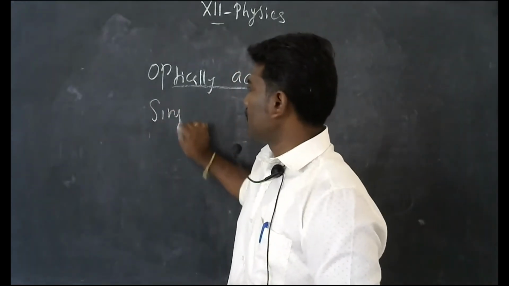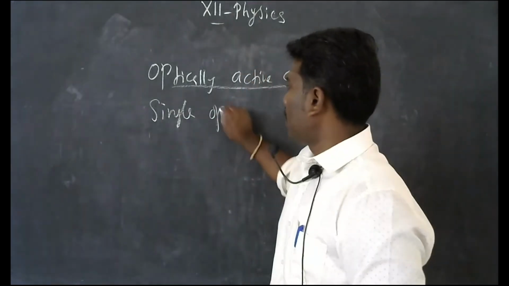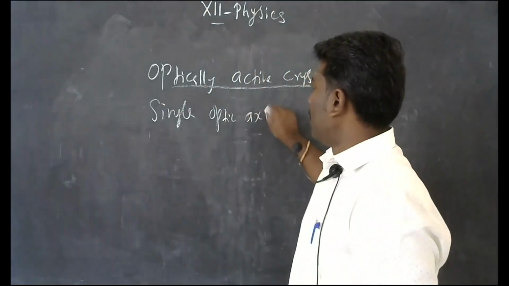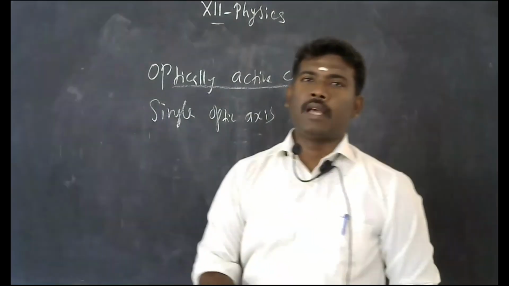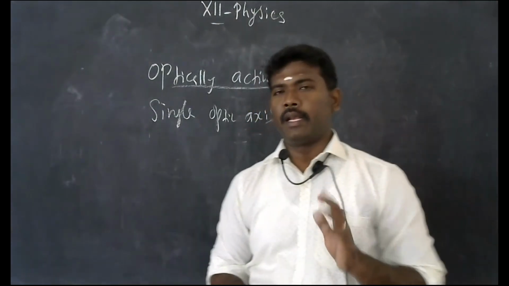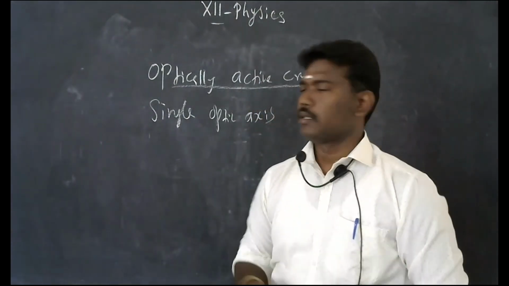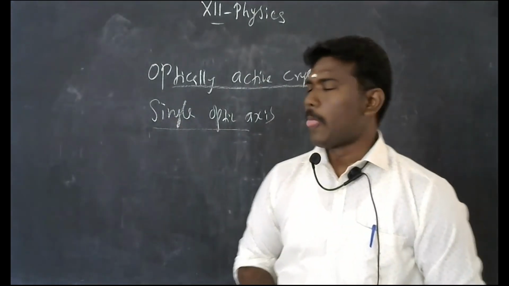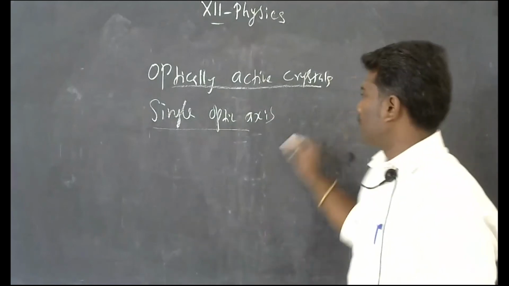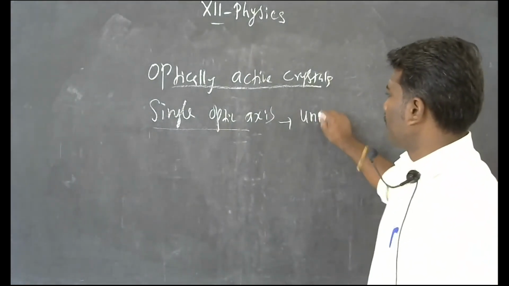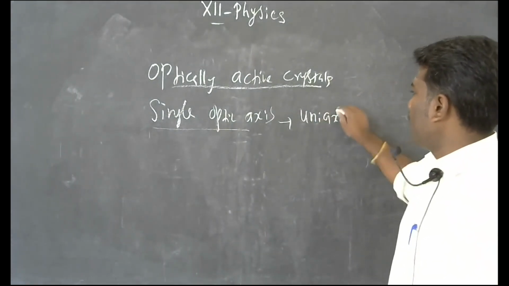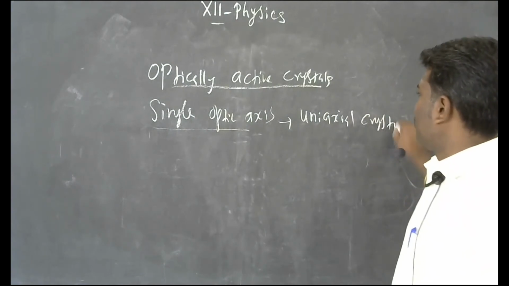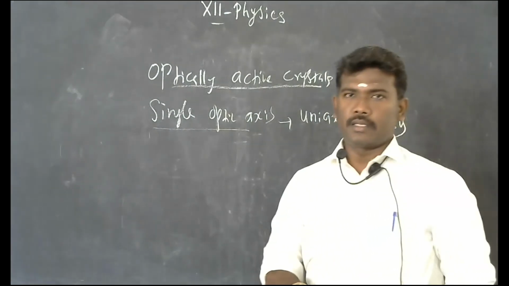Some of the crystals have a single optic axis. That means only in one direction are the ordinary and the extraordinary rays traveling in the same direction. Only one axis, so a single optic axis. A crystal which has a single optic axis is called a uniaxial crystal.